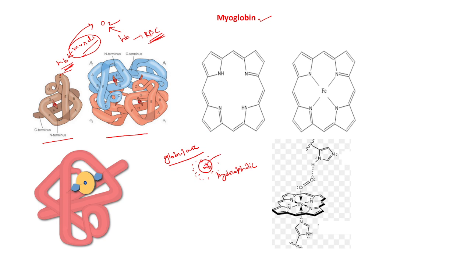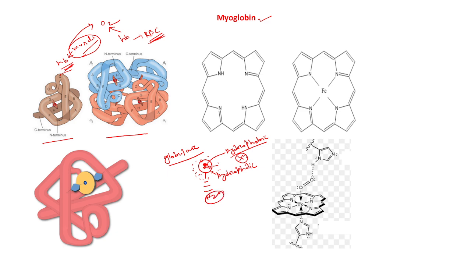Inside, the hydrophobic groups have to be bound. Why? Because the hydrophobic groups cannot interact with the hydrophilic groups. That's why the hydrophobic groups are always present inside, and the hydrophilic groups are found outside, because the hydrophilic groups can form hydrogen bonds with the water molecule.